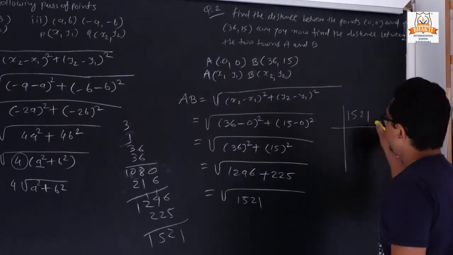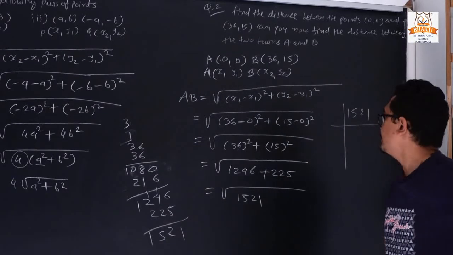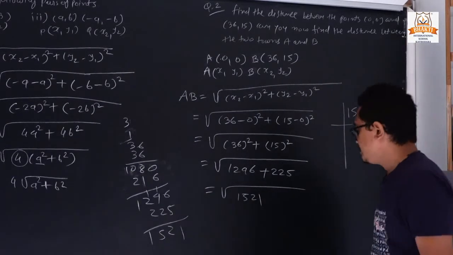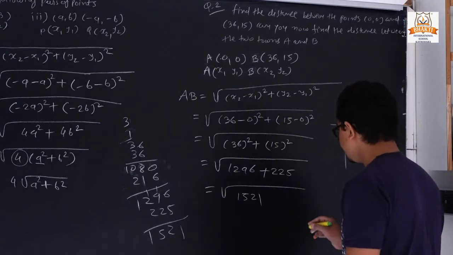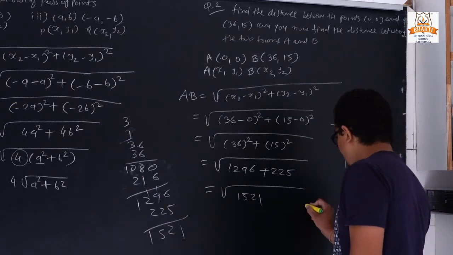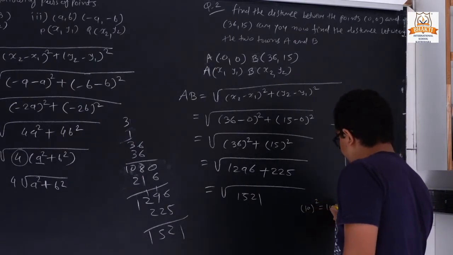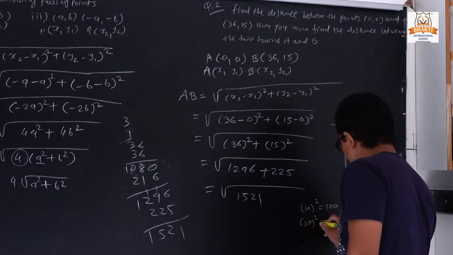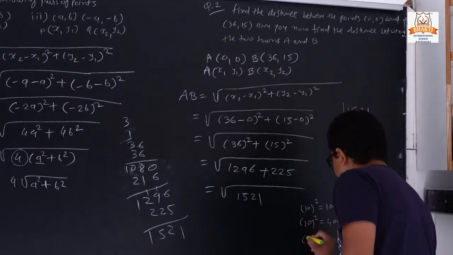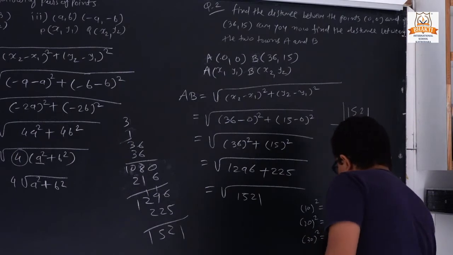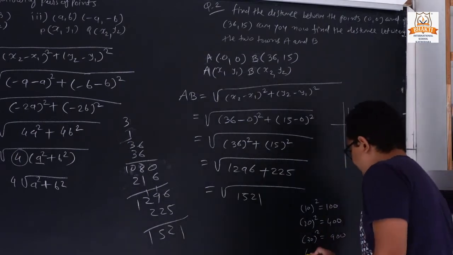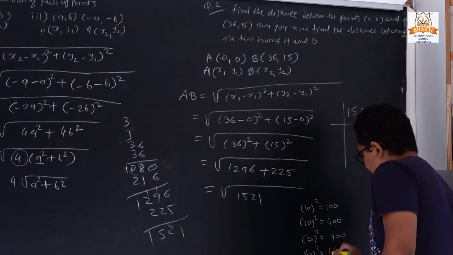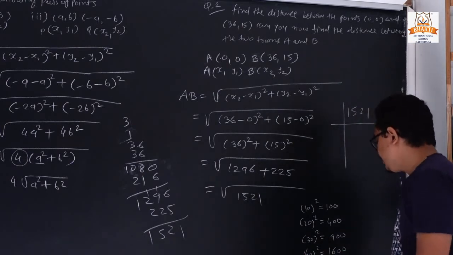It is called factorization method. Clear? You know that 10 square is 100, 20 square is 400, then 30 square is 900. Similarly 40 square is 1600. So it means what?